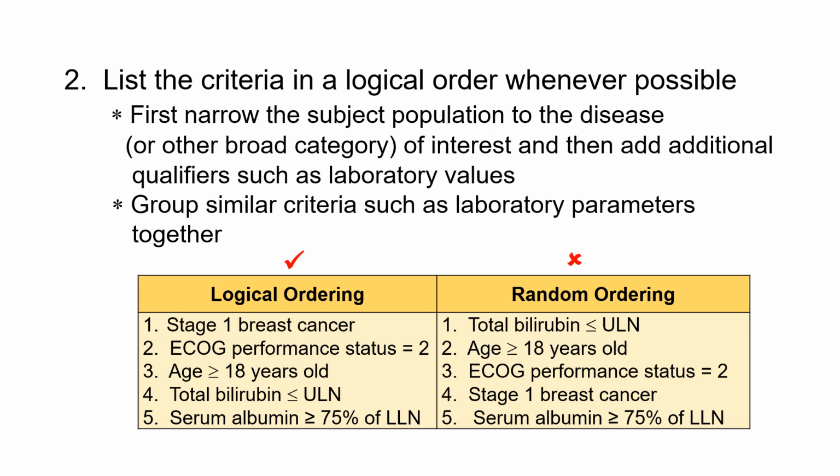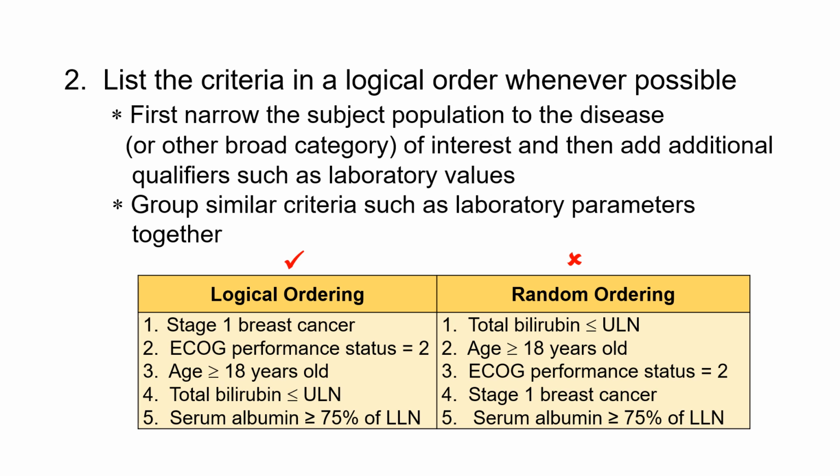The second is to list the criteria in a logical order whenever possible. First, narrow the subject population to the disease of interest, and then add additional qualifiers such as laboratory values, and group similar criteria such as laboratory parameters together, such as seen in the left column of this table.